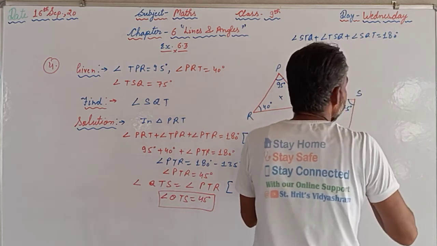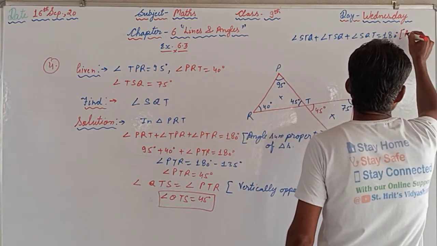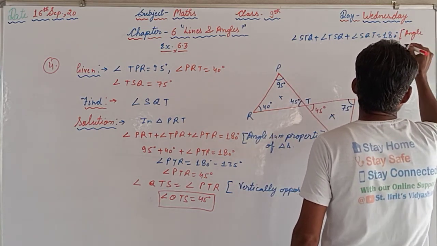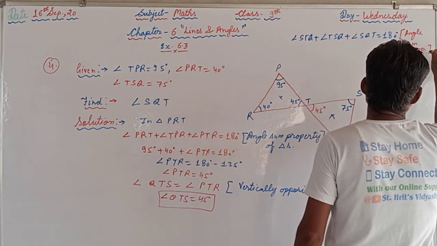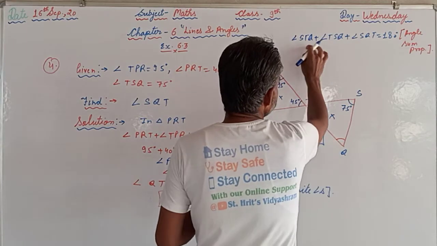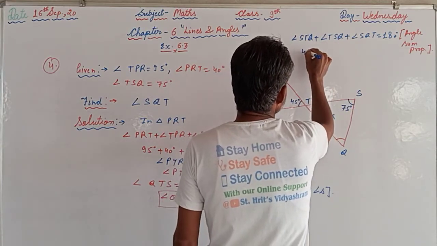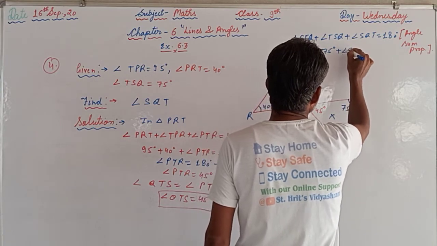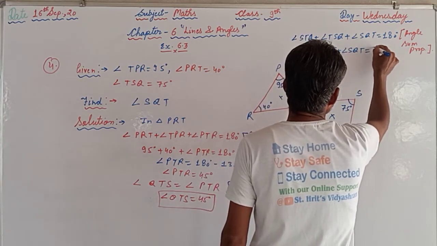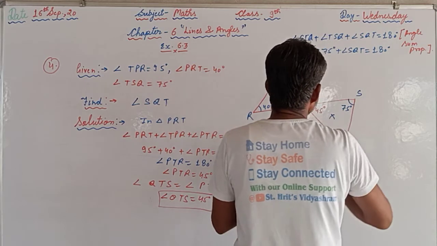What is the reason? Angle sum property of triangles. So these two angles are known, that is 45 degrees plus 75 degrees plus angle SQT we have to find, and that will be equals to 180 degrees.